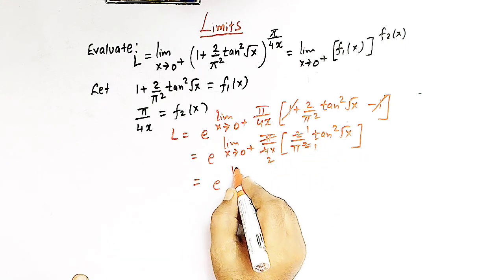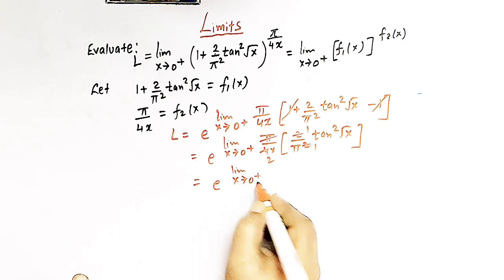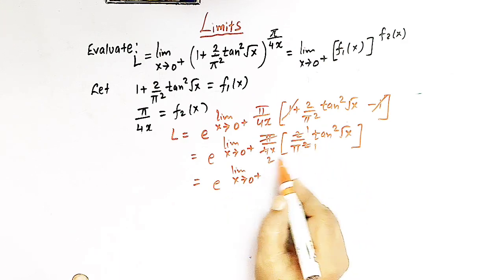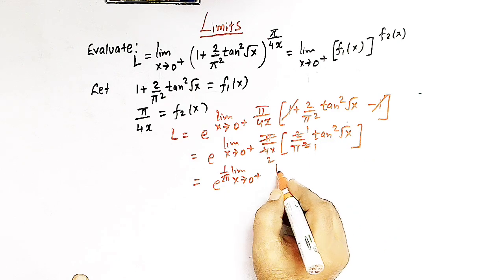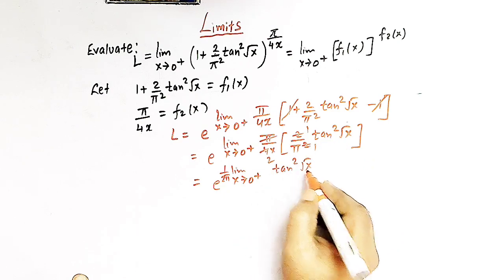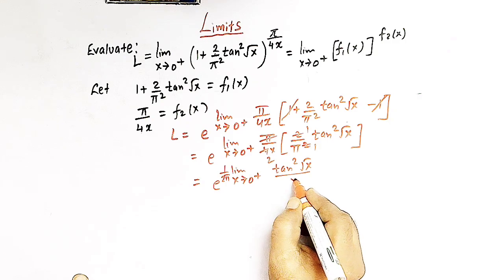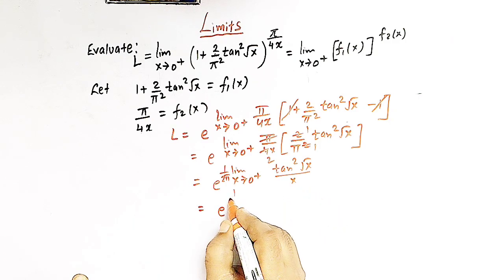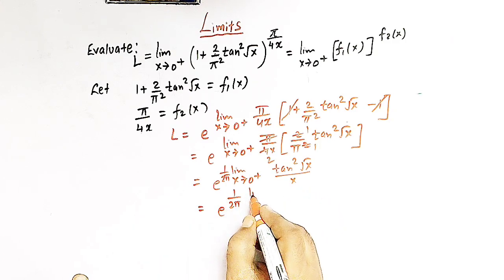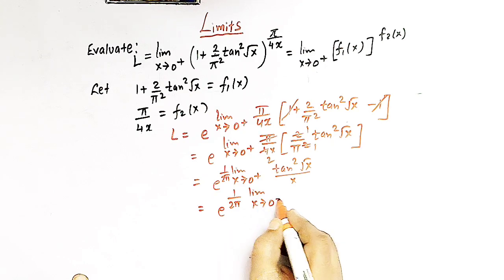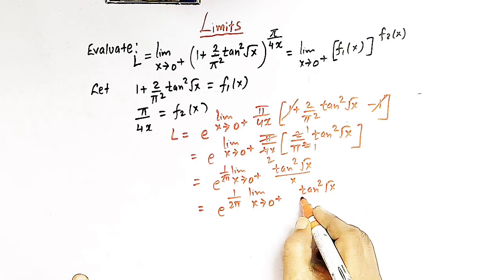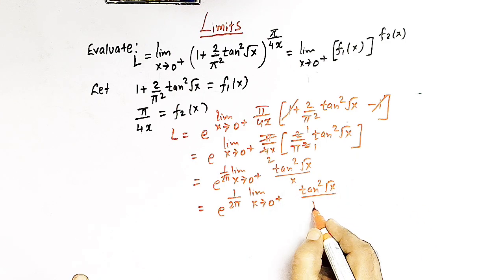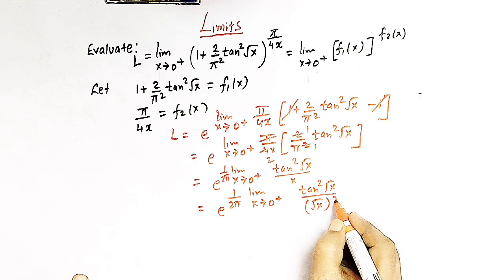So now we have limit x tends to 0 positive. Now here we are left with 2 and pi, so here we can write 1 over 2 pi, and here we have tan square root of x over x. So now we can write 1 over 2 pi limit x tends to 0, and here tan square root x over x, where x can be written as the square of root x.